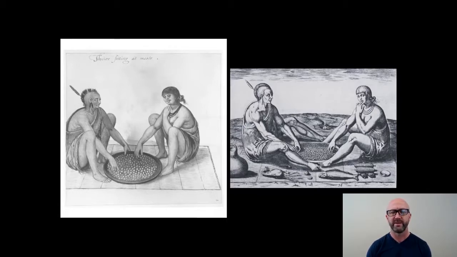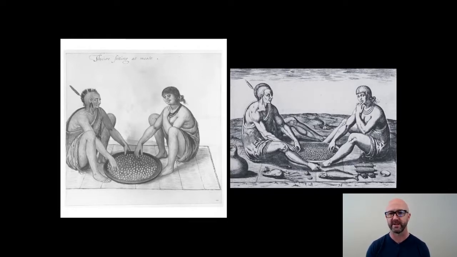The other thing that is added here, along with the beans that must have seemed quite meager to someone like Theodore de Bry, and thus not very compelling to his audience, which would have been people who are thinking about maybe colonizing North America, or patronizing colonists, or frankly even people thinking about business opportunities, like what kind of money can you make if you start a business there, start a merchant business.